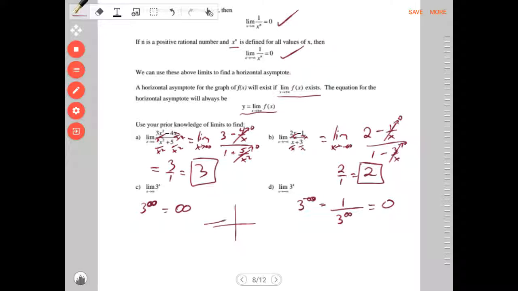It's one of those exponential ones. It kind of looks like that. So even though there's no horizontal asymptote on the positive side, the x-axis is a horizontal asymptote because the negative part gets closer and closer to it but never touches.